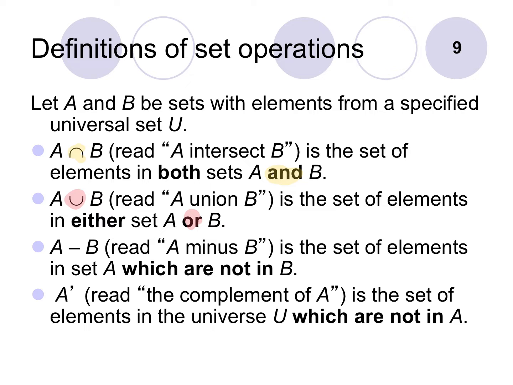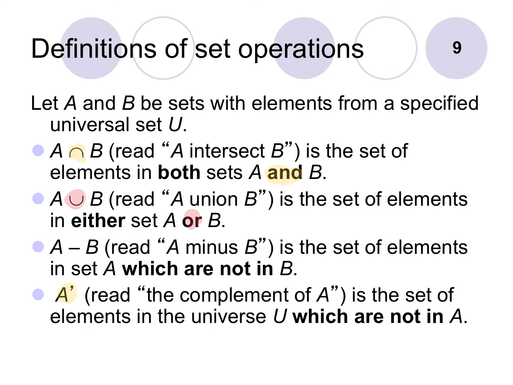And then if we do set subtraction where we're subtracting from the universal set, so we start with the universe and subtract a set A, then we just write that as A prime, or the complement of A, and that does correspond to our logical not.